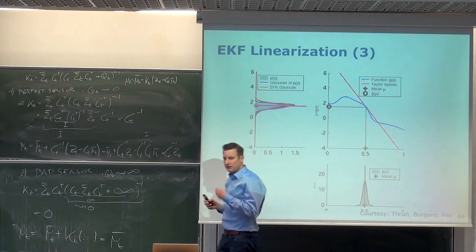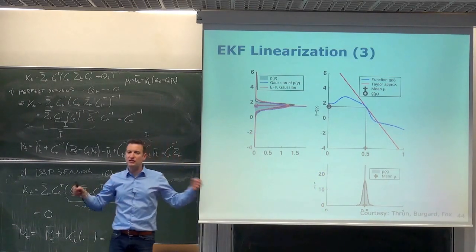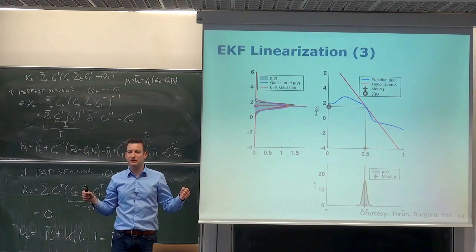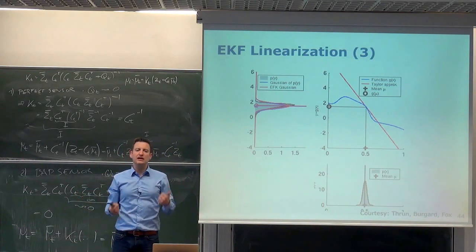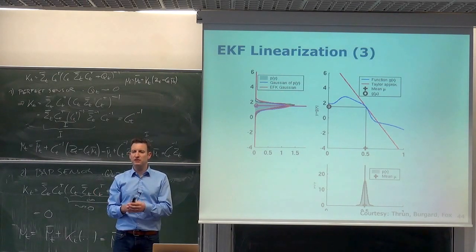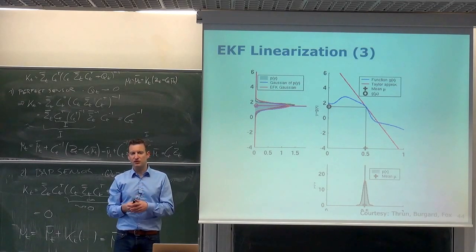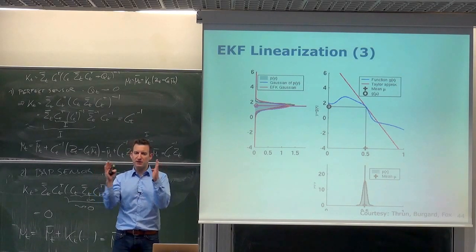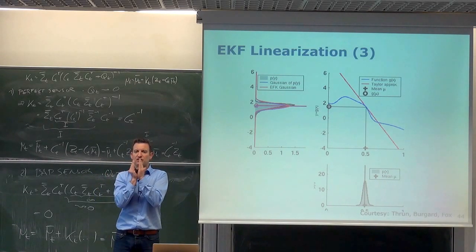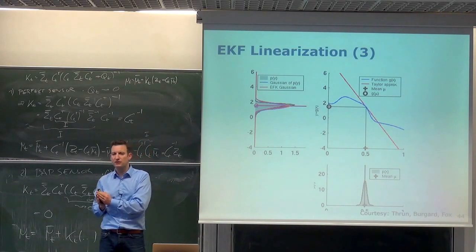So the key insight here is: the larger the uncertainty that I have, the more critical the nonlinearities are. If I have a very focused belief, the nonlinearities don't matter that much because they don't distort the distribution so much, because more probability mass is concentrated within a small area near the linearization point.